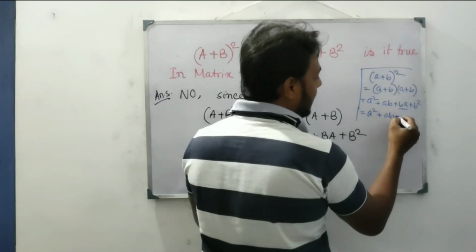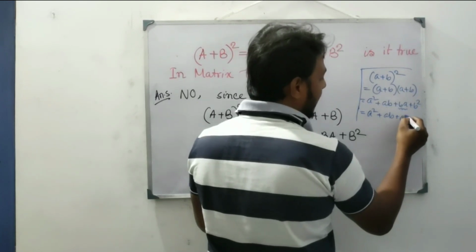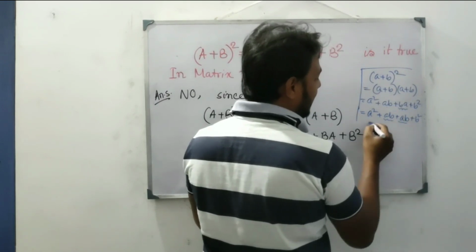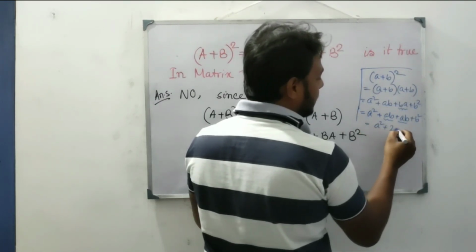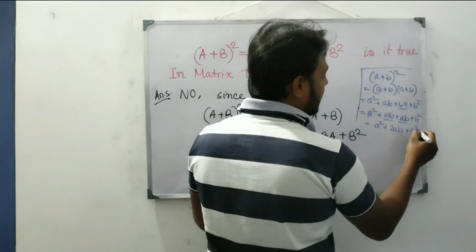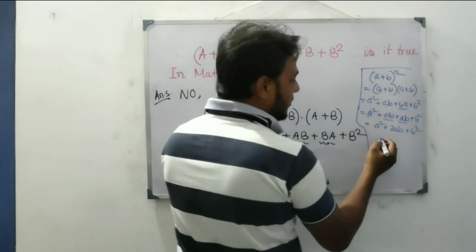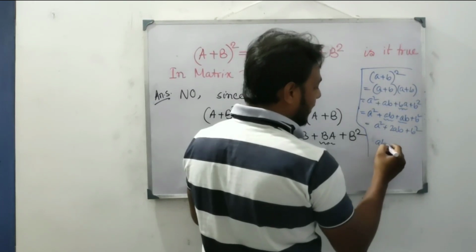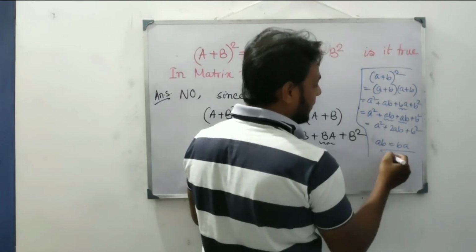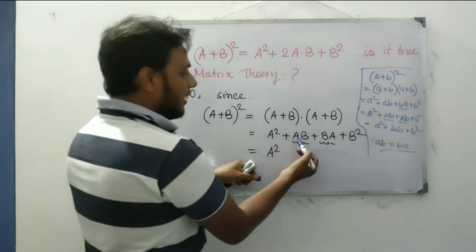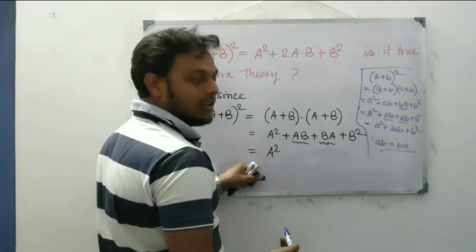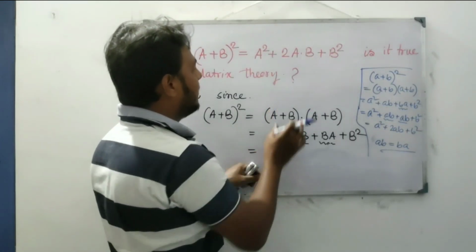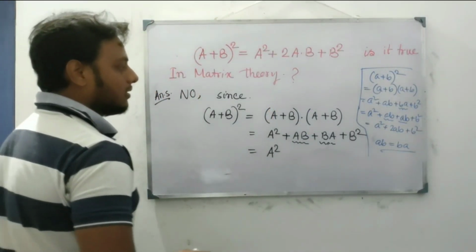That's why in the place of BA we can write AB plus B square. After that, this AB and this AB together make 2AB. So this is possible since AB equals BA in number theory, but in matrix theory, A dot B and B dot A are not equal. So it is not true that A square plus 2AB plus B square.